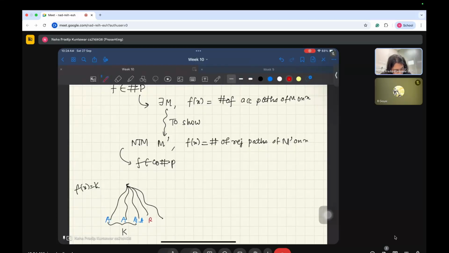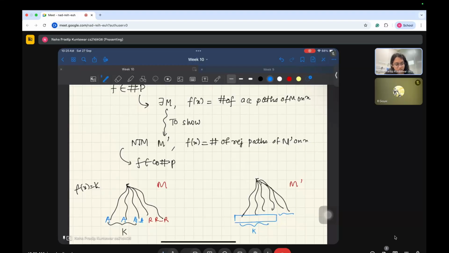Now we want another machine M prime with entirely the same paths, and the only change is that we want the k of them to be rejecting and the remaining everything to be accepting, because that would satisfy our constraint. In this case this is sufficient, although we could extend the paths as you said.